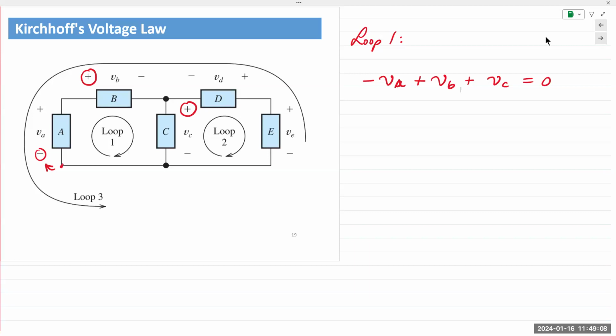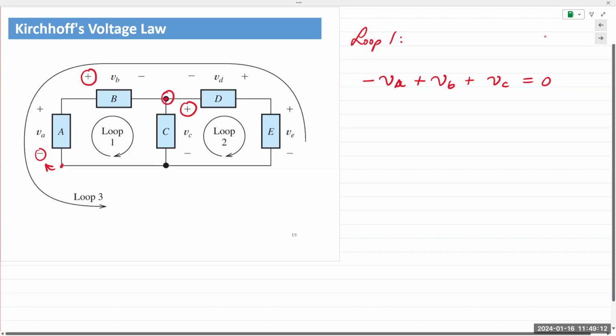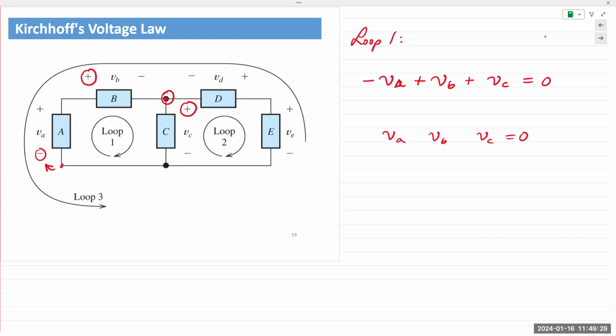If I was to start for loop 1 at this node right here in the middle, I would still have 3 voltages, right? VA, VB, and VC equals 0. And this time, let's say I go counterclockwise from this top node right here.